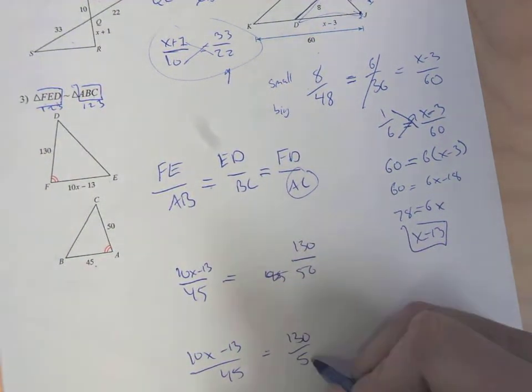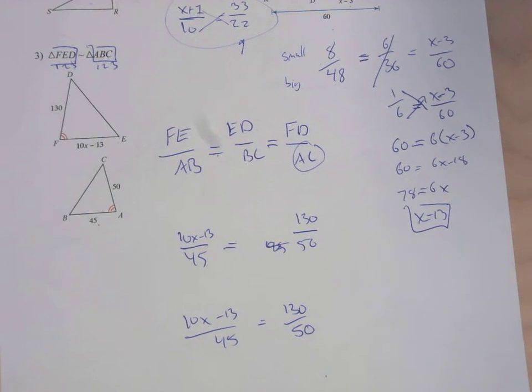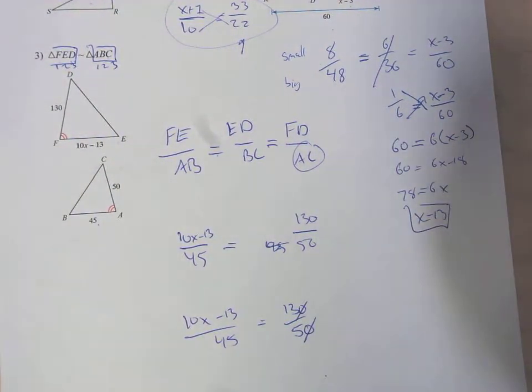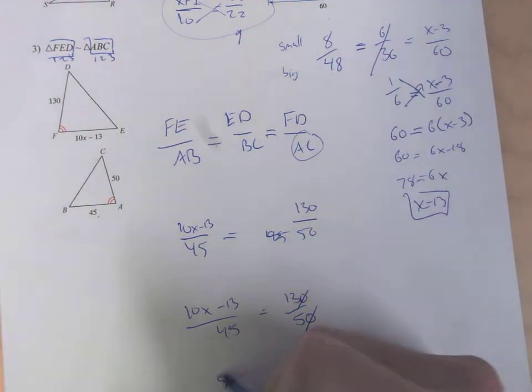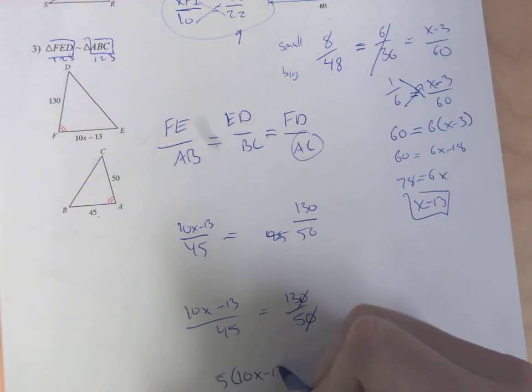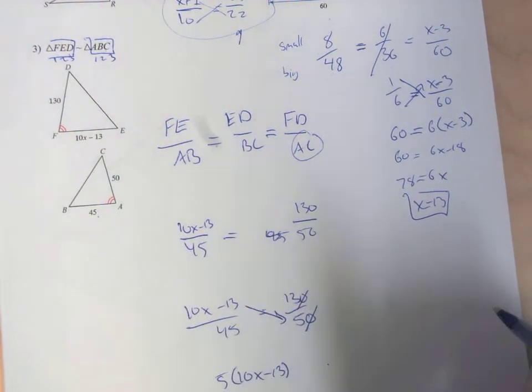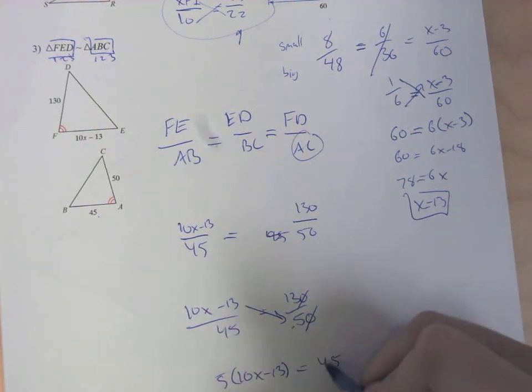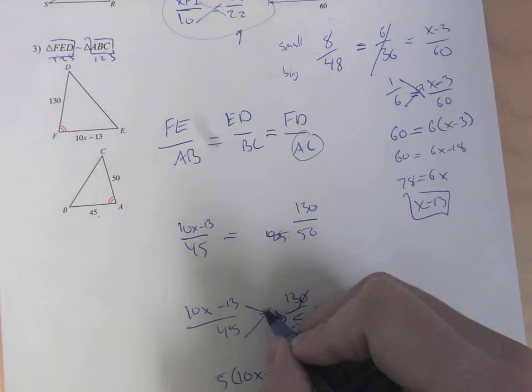Now you could solve it from here if you wanted to, but also notice these are both divisible by 10, so it might make your life easier to do it this way. So 5 times 10x minus 13, going this way, right? This times 5, because I canceled out the 0, equals 45 times 13, going this way.